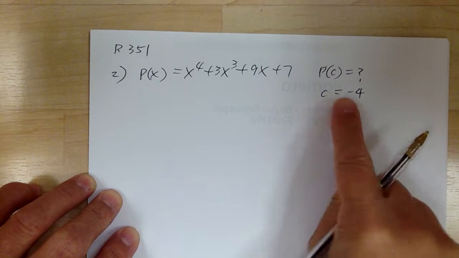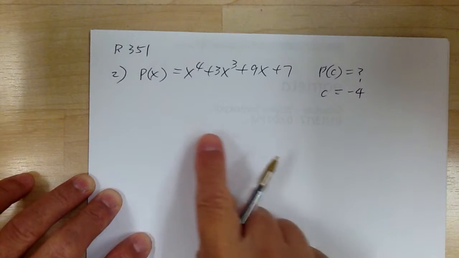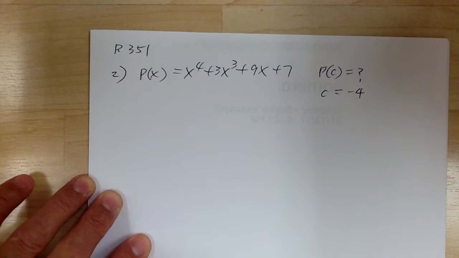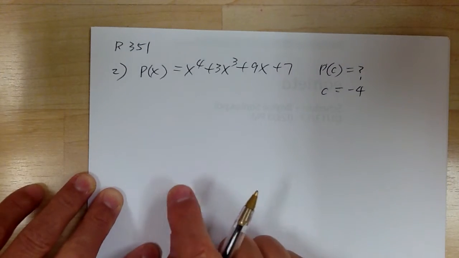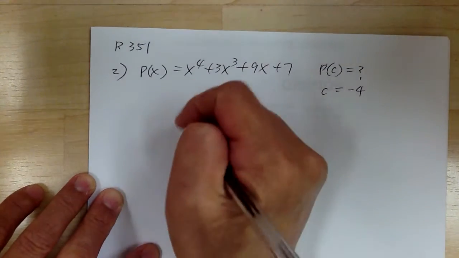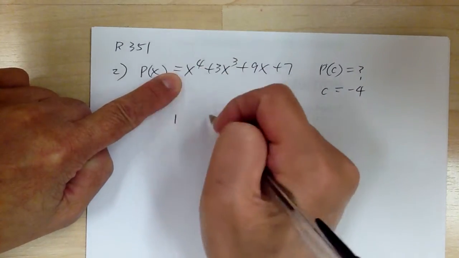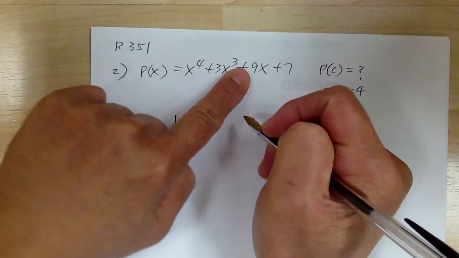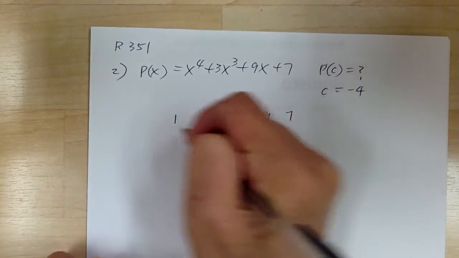So it means you want to put c in here, put negative 4 in here. So they want you to use synthetic division. So synthetic division and evaluation are interchangeable. So that's going to use synthetic division. So you're going to get 1 for the 4th power, 3 for the cube, and again there's no square, so you put 0 for the square, and 9 and 7.